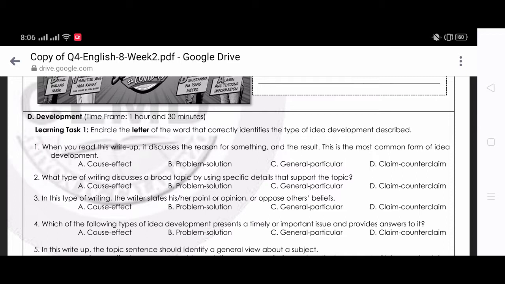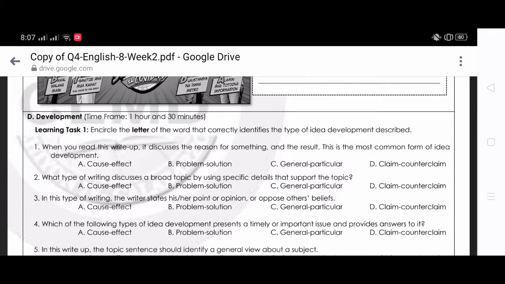May nag-assume ba at may kumontra? Or problem solution from the word itself, problema at solusyon? O pangatlo, general to particular, yung bang parang may isang general na idea tapos yung particular, yung mga specific samples. Okay? So for this number, ang sagot ay letter C. Yun ang dapat bilugan, yung general to particular.